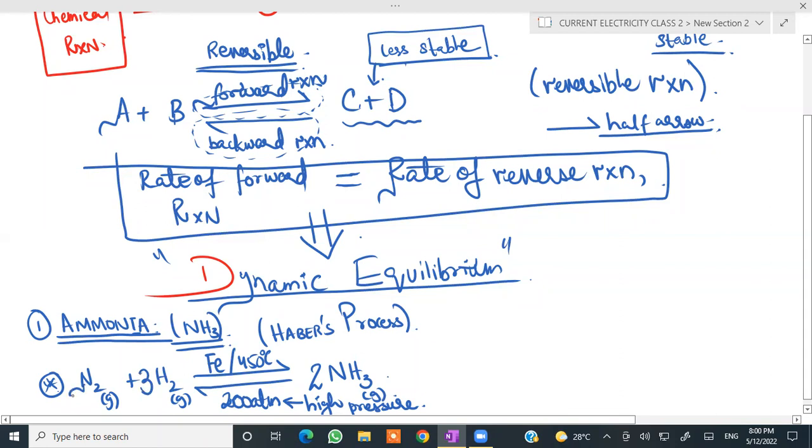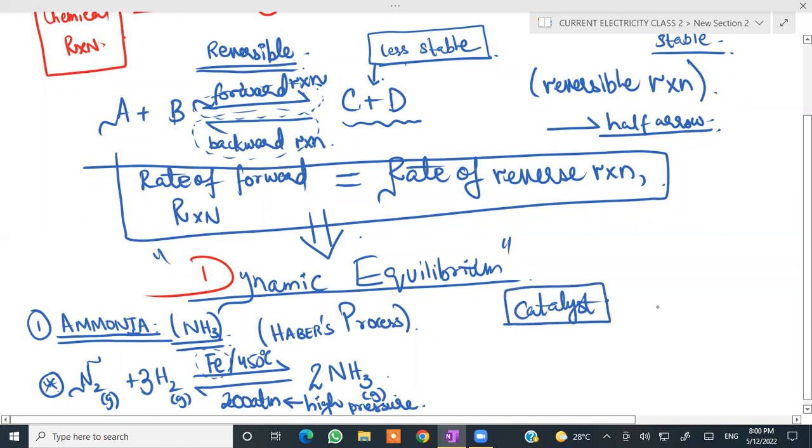Now the rate of forward and backward reactions, if they become equal, then we'll call it a dynamic equilibrium. All right. We'll say that the dynamic equilibrium has been achieved over here. Catalyst. What is the role of a catalyst? In case of a reversible reaction, this is a very crucial point to note.